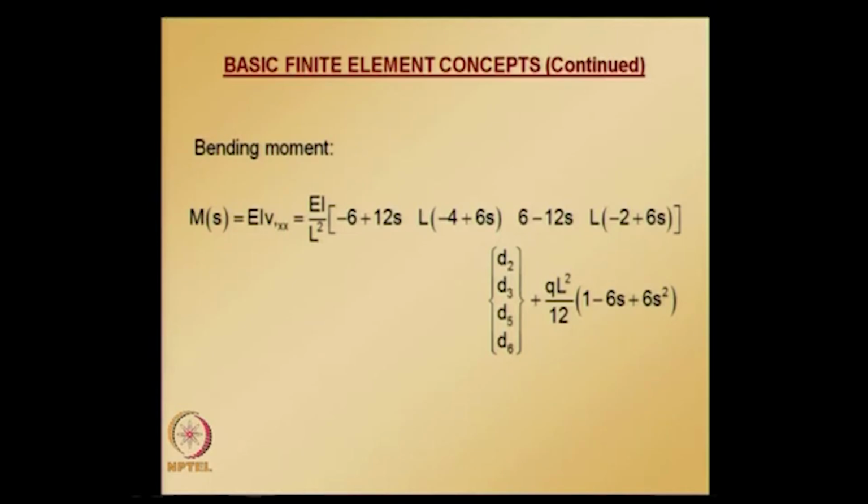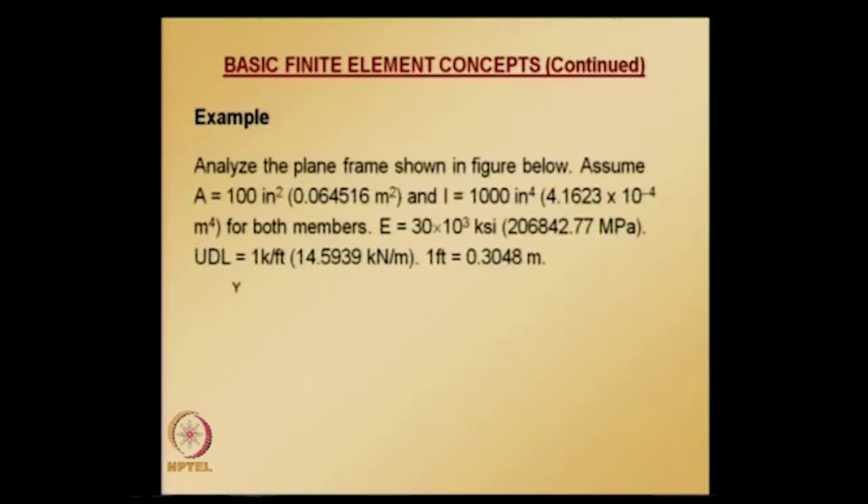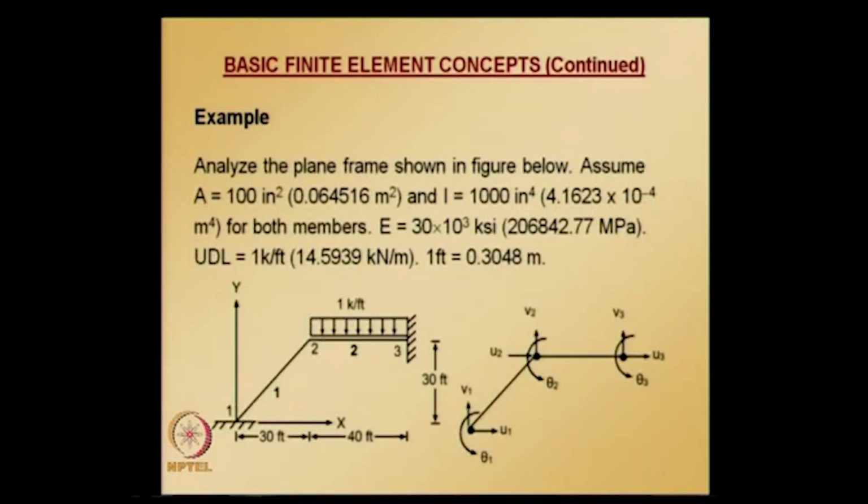To illustrate this procedure, let us take an example. Analyze the plane frame shown in the figure below. Cross sectional area and moment of inertia of cross section are given. There are two members here.